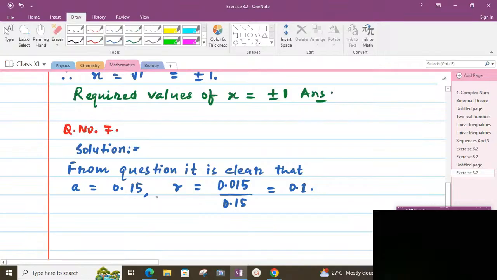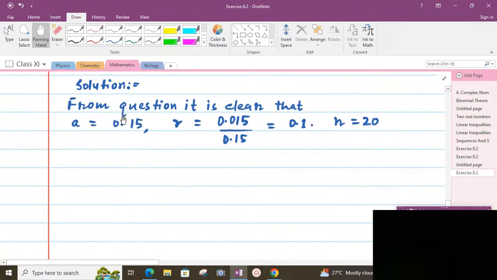So we have the common ratio r, and this question asks us what is the sum of the 20th term. So here it asks us what is the Sn. So Sn or S20 equal to what? So we know that, we recall the formula.